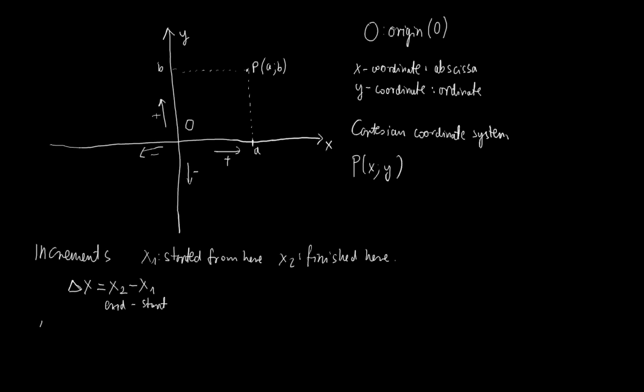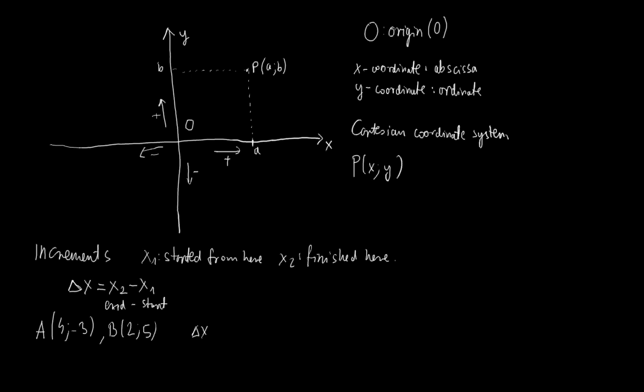For example, in going from the point A(4, -3) to the point B(2, 5), what are the increments of the x and y coordinates?